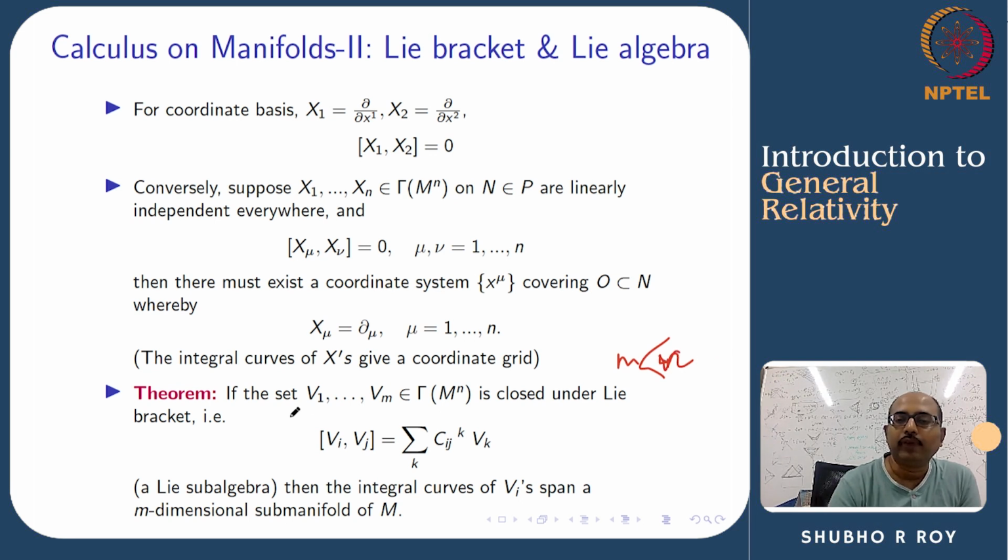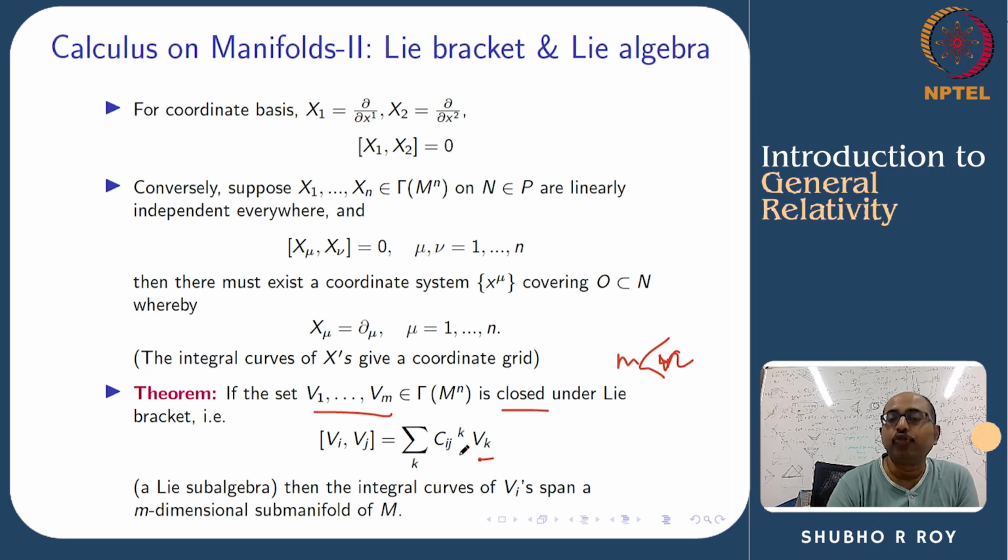Let's say instead we find a subset of m vector fields and they don't commute, but their Lie bracket is closed, in the sense that if I work out the Lie bracket of any pair of vectors in the set, it is equal to some linear combination of elements of the same set. So they are closed under the Lie bracket. They form a subalgebra which is called a Lie subalgebra.